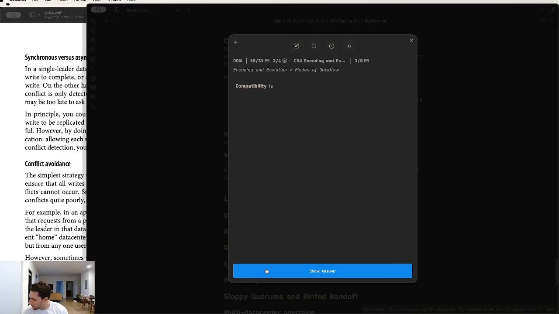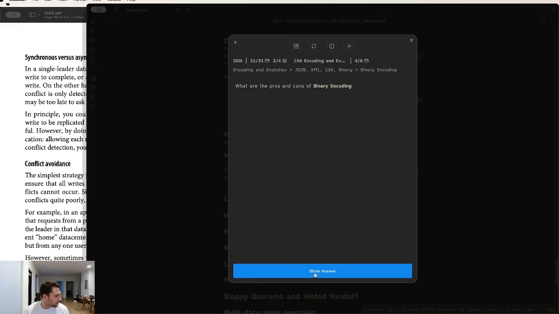Compatibility. Oh, when we talk about encoding and decoding, if what encodes the data and decodes the data works, then it's compatible. The relationship between one process that encodes the data and another that decodes it. Okay.